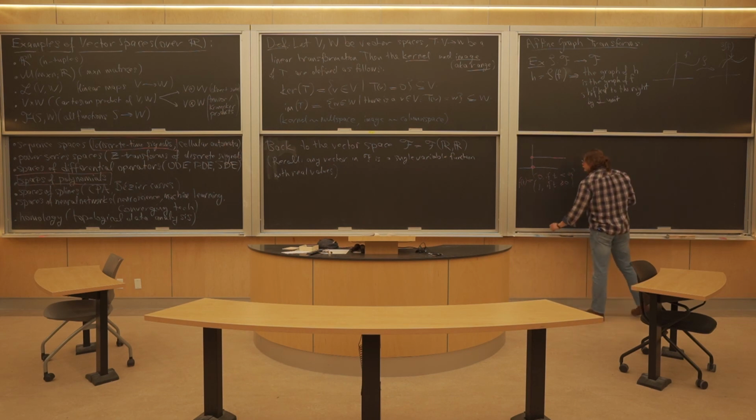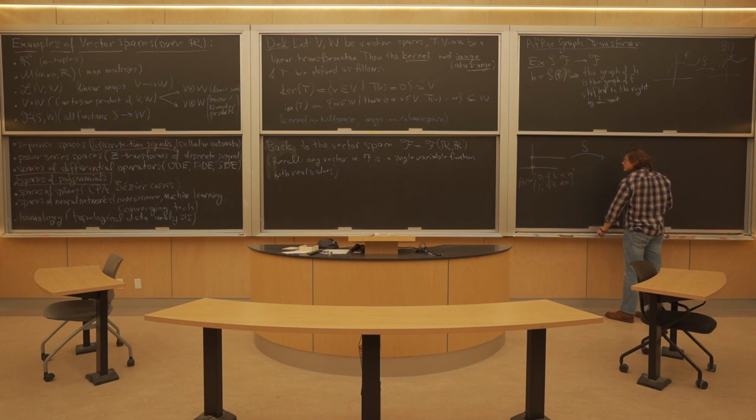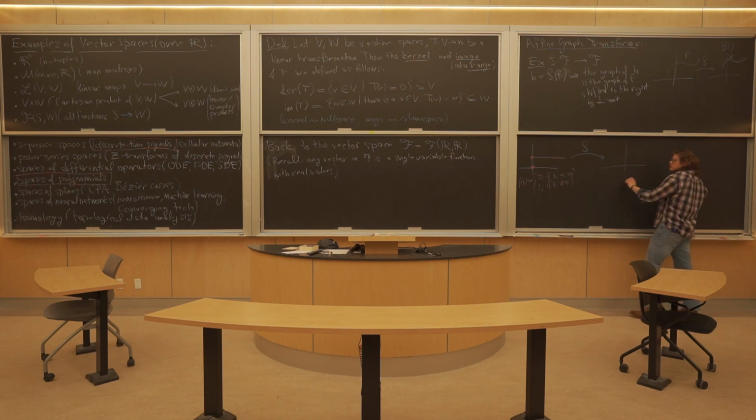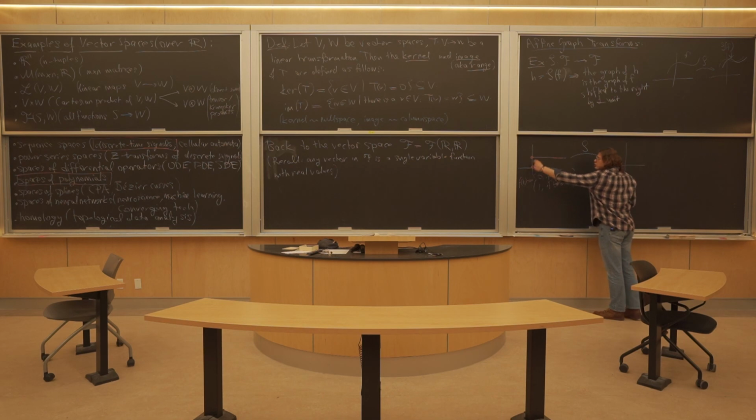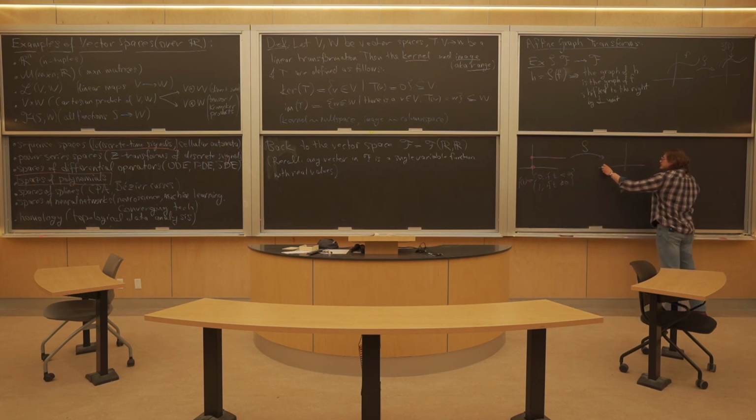And otherwise it is 1 if t is positive or 0. Now if I apply my shift transformation to it, what's going to happen is this. When I shift this to the right, instead of becoming 1 at time 0, now it's going to become 1 at time 1. So now it's going to look like this.